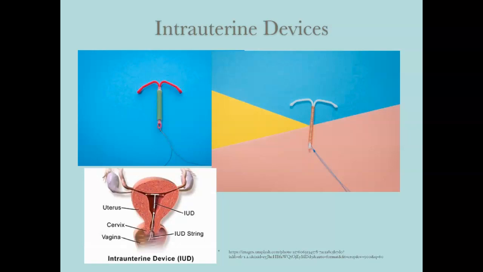It may last a little while after we get done. Someone may like to take a little ibuprofen or something like that prior to. We also often insert an IUD while the patient is on their menses, because the cervix may be a little bit more dilated or open while they're on their period, which is going to make insertion easier for the provider, but also easier for them as far as cramping and that kind of thing goes.